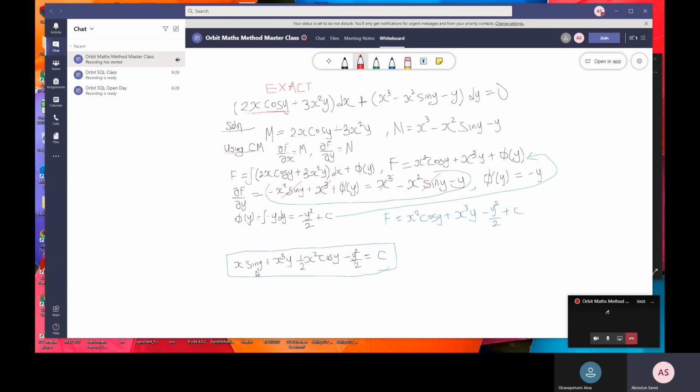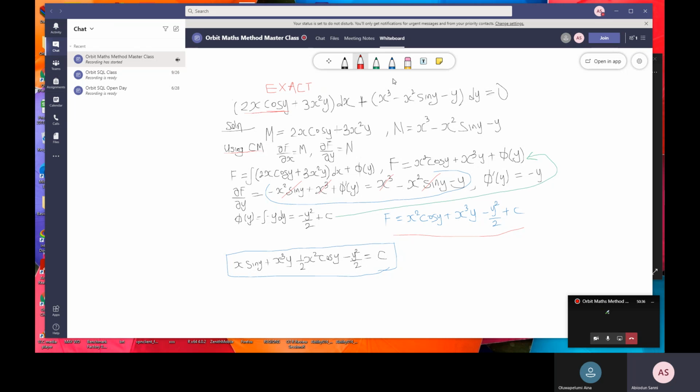That was why I added this x and y here. I'm supposed to have x squared cos y, so that this is going to add up with this. Then I'm going to have this result. So if you work your way around that, you're going to arrive at the same answer. Have you seen the mistake now? Yeah. So you're supposed to have the same answer.